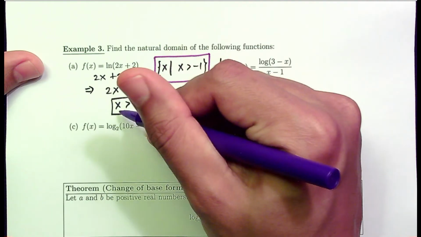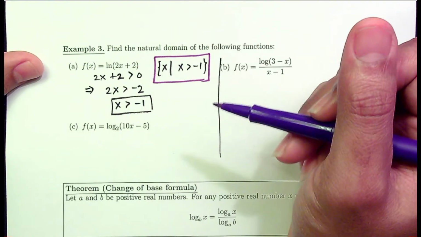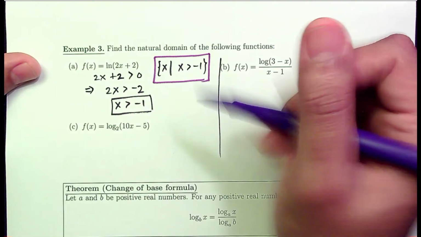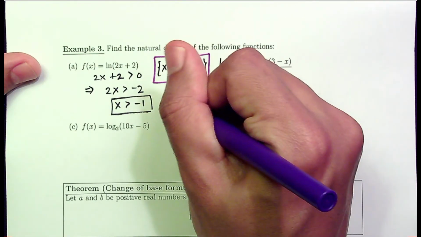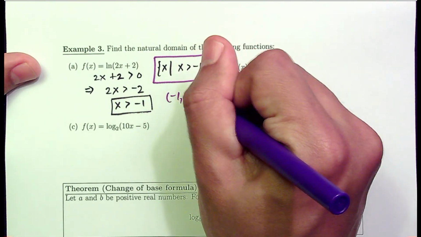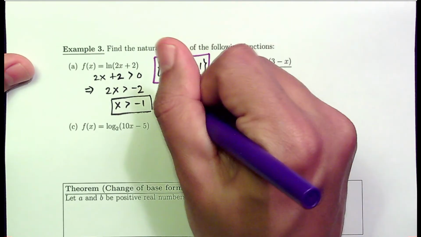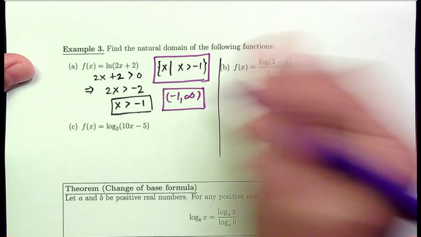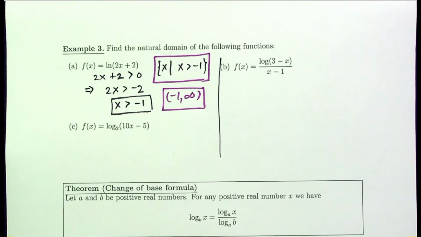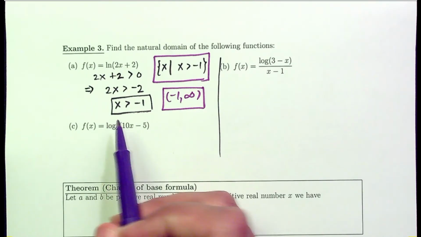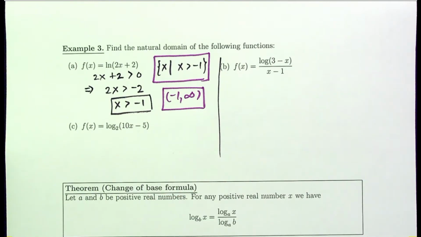The set of all numbers bigger than negative 1, bigger means to the right of negative 1, would be from negative 1 comma to infinity. So in interval notation, that would be the answer. You want all numbers bigger than negative 1, or numbers to the right of negative 1, so from minus 1 to positive infinity.